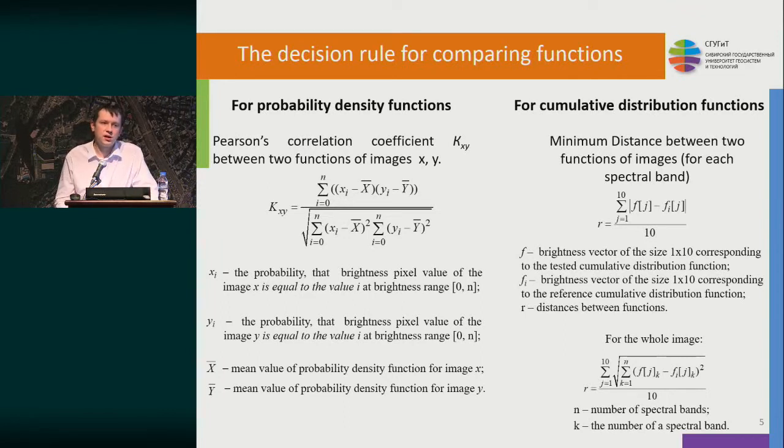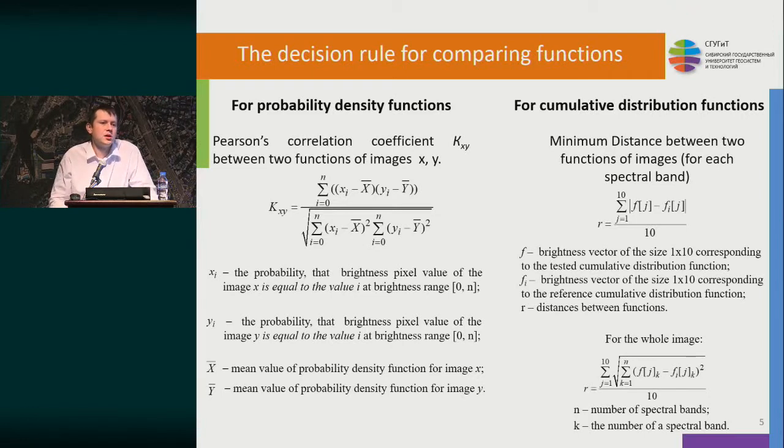1 to 10 range has been employed experimentally because we believe it delivers the best result. And the estimation is done on each spectral band separately, or we can measure cumulative distance.